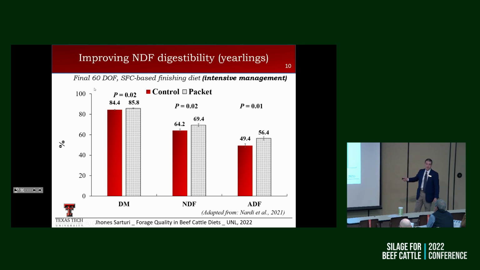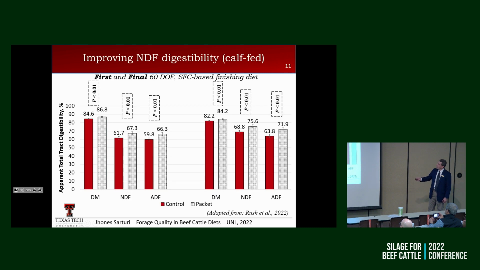technologies? Actually, the improvement was even greater when we had a greater challenge in place, and we were stimulating that NDF digestion. It's still in the final 60 days on feed. So going even further, the initial 60 days after arrival to the feedlot.